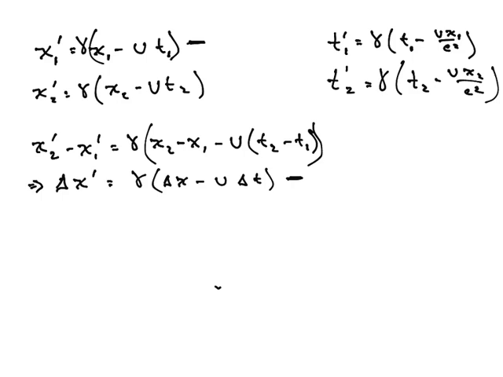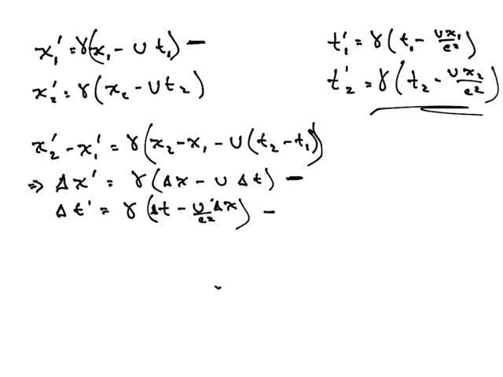So yes, in this case, the difference in coordinates does transform exactly like the coordinates themselves. And of course, if you do it with the t's, you find exactly the same thing. Delta t prime is gamma times delta t minus u over c squared delta x.